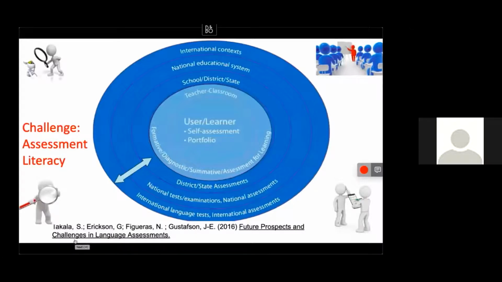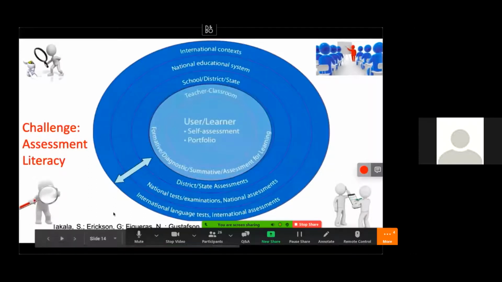And all these drawings that I have around this circle have to do with the many varieties of assessment that we can focus on, be it individual, self-assessment, co- or peer assessment, or group assessment.